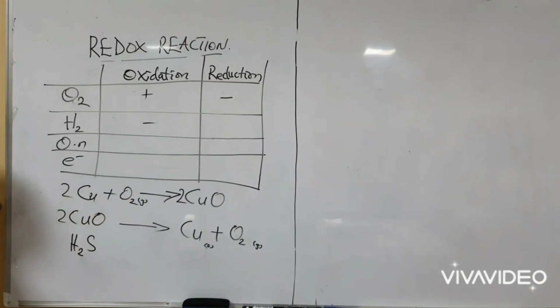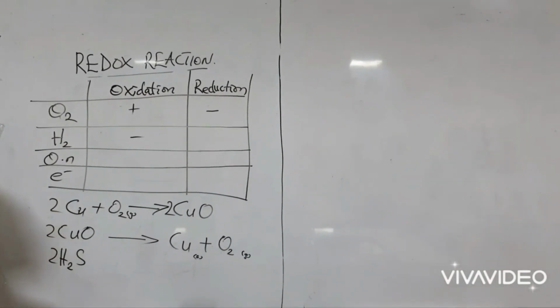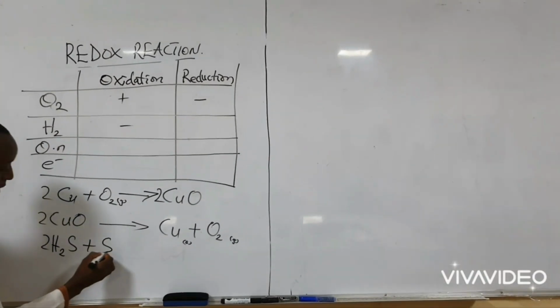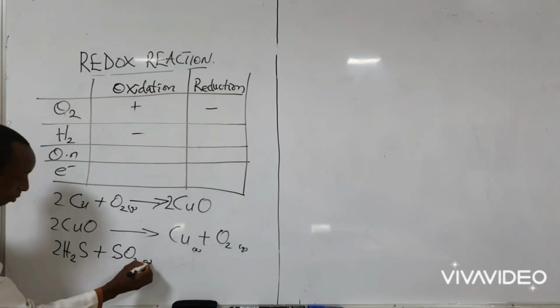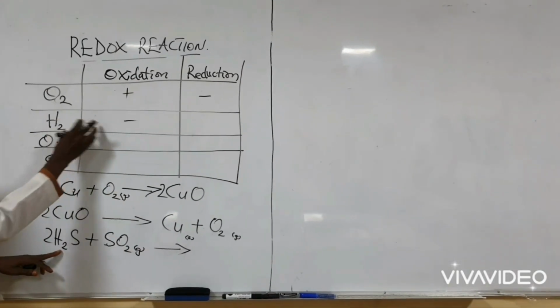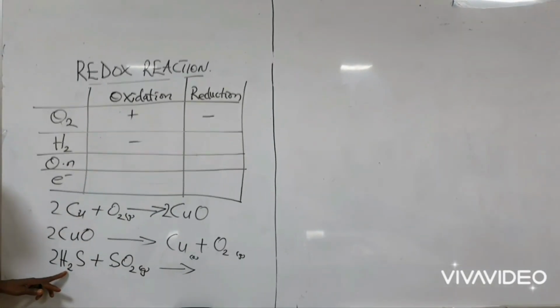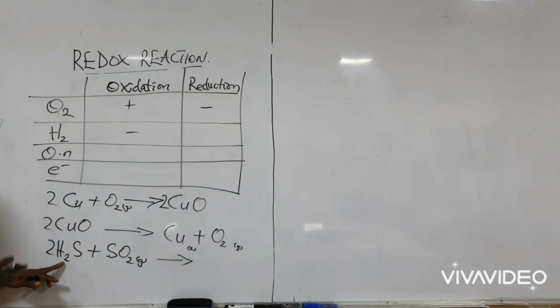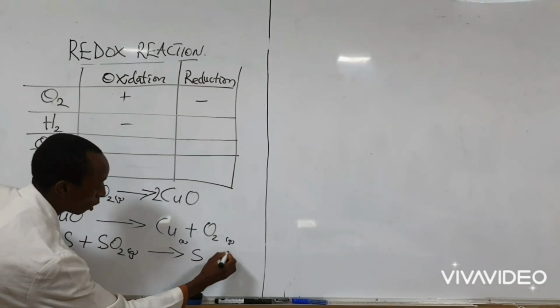H2S, that is hydrogen sulfide, precisely 2 moles of hydrogen sulfide reacting with oxygen gas. From there, balancing this, we say removal of hydrogen from a substance is equal to oxidation. Therefore, what we are going to get there is sulfur plus water.